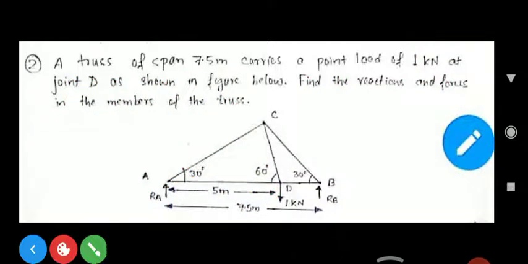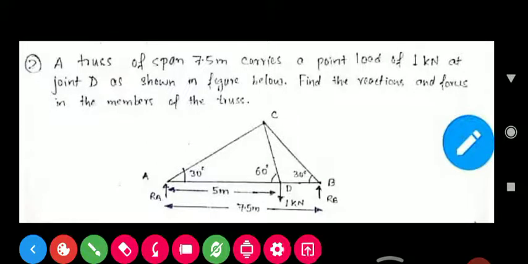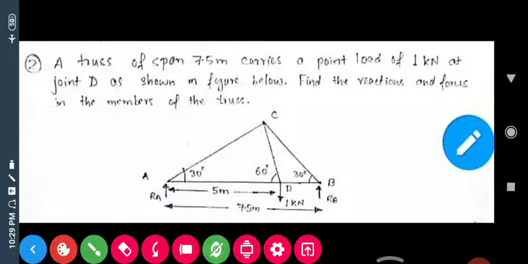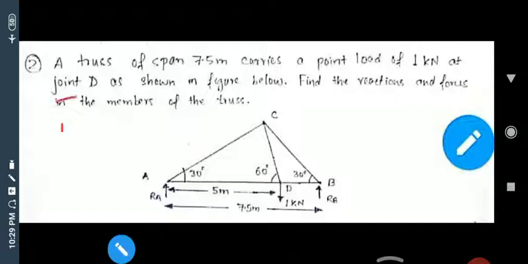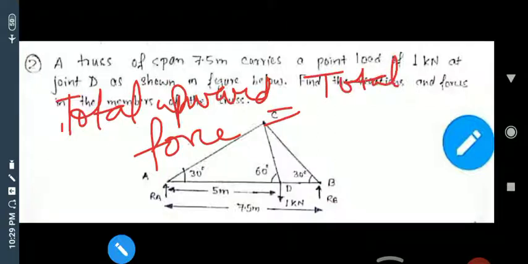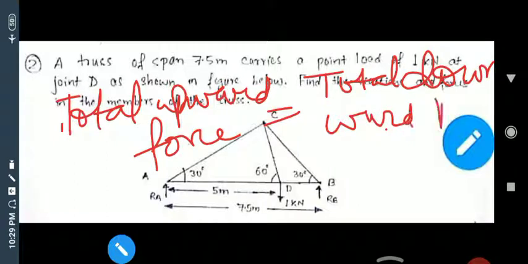Okay, so we know that total upward force equals total downward force.